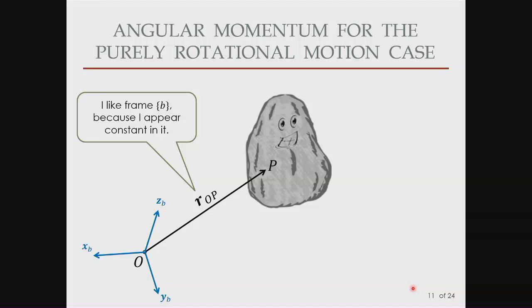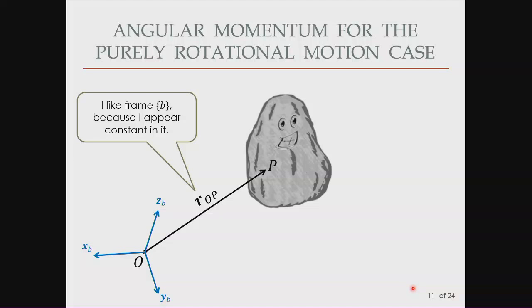So this would be xb at time 2 and yb at time 2. This has rotated, and this angle is the same, so the distance is the same. As I draw the projections of this vector ROP onto the axes of xb, yb, I will have the same projections, right?